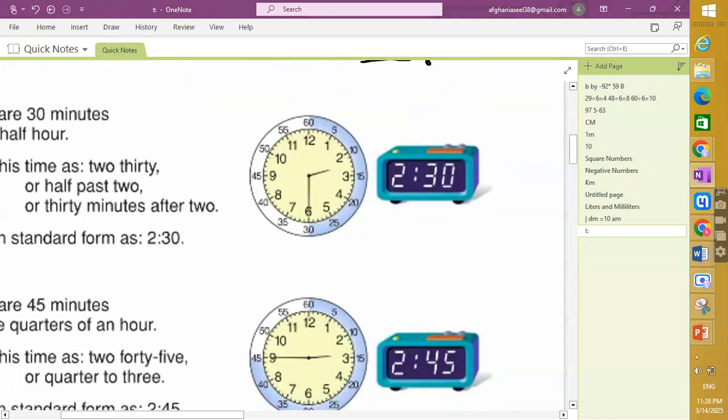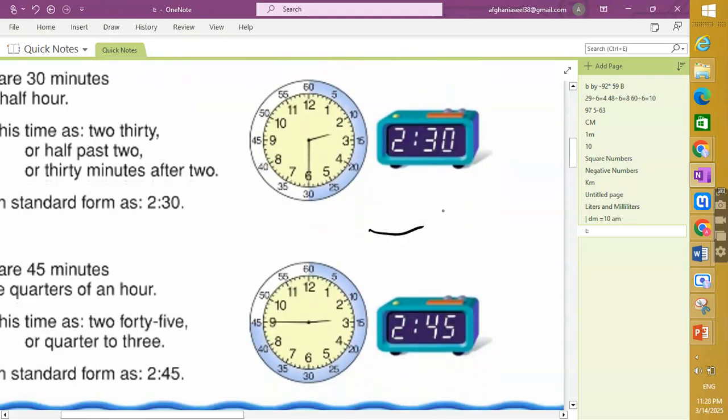Excellent. What about this one? Can you help me? Which hour do we have here? We have 2. Excellent. Look at the small hand, the hour hand. It is pointing to number 2. And how many minutes do we have? 5, 10, 15, 20, 25, and 30. Excellent.